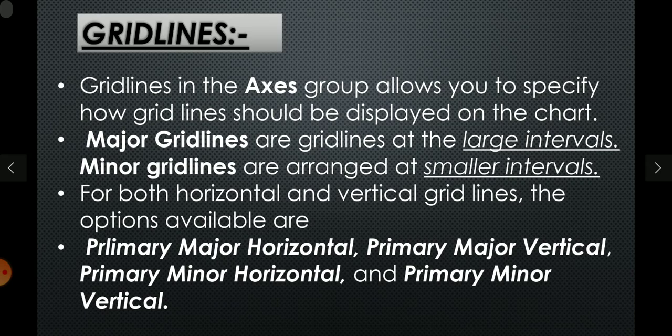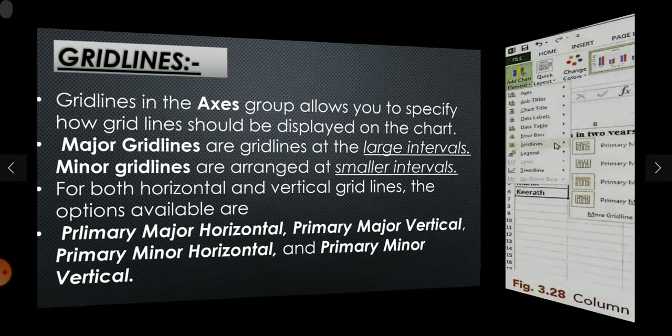For both the horizontal and vertical grid lines, the options available are primary major horizontal, primary major vertical, primary minor horizontal, and primary minor vertical.